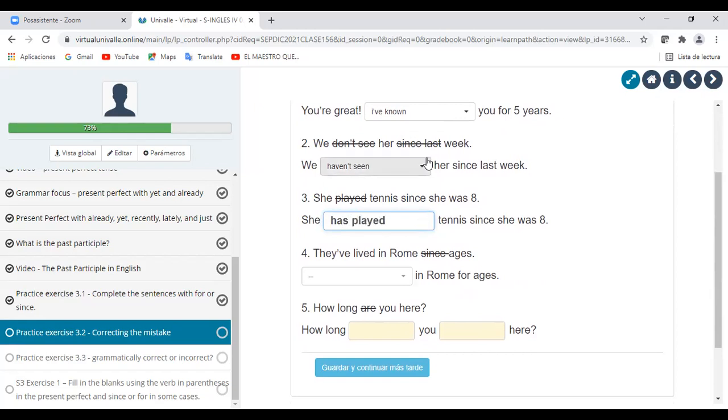She has played tennis since she was 8. They live in Rome for ages.